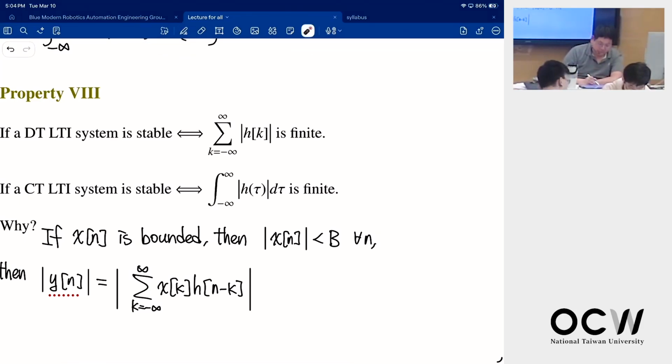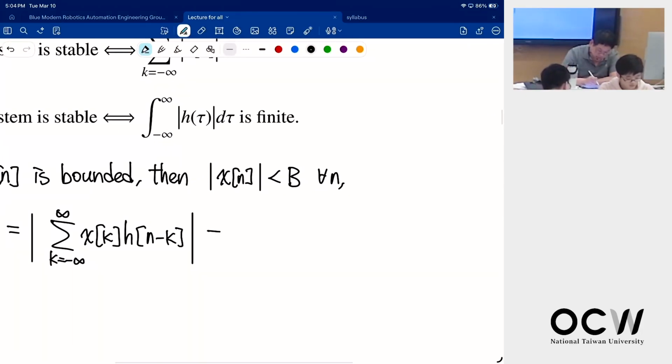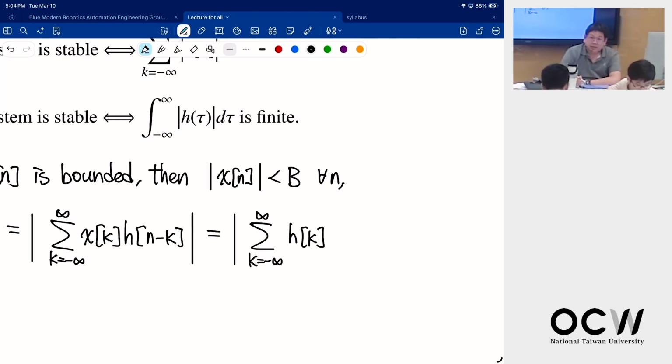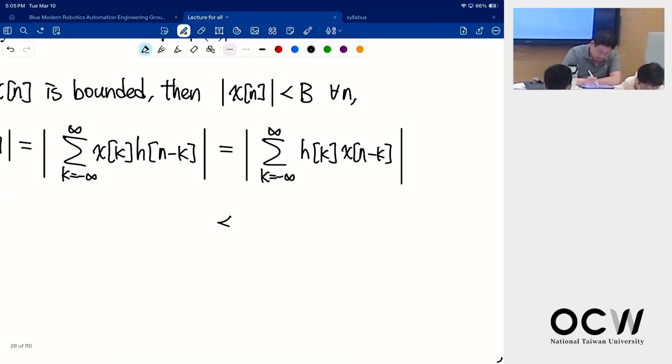The convolution is commutative, so we can also write it down. Here we have h[k]. So instead of flipping the system response, we flip the signal: x[n minus k]. Right, this will be less than. We do the summation, and finally we take the magnitude.